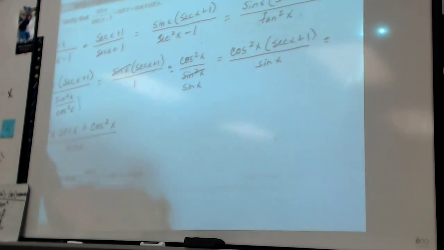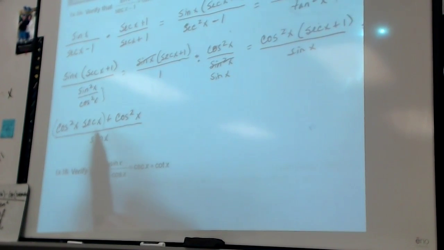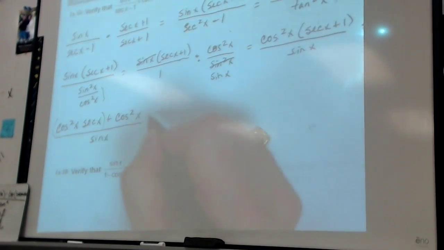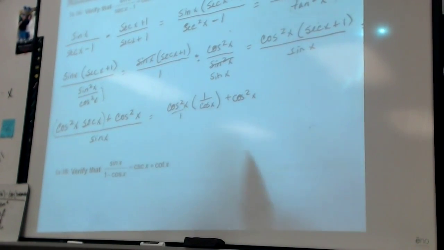Okay, now I have this little multiplication right here, right? So I can change, what's the reciprocal of secant? Cosine. So that looks like something maybe I need to do. So I would have cosine squared x times 1 over cosine x plus cosine squared x. So one of these, this would be over 1. So that will cancel out. And what do I have here?